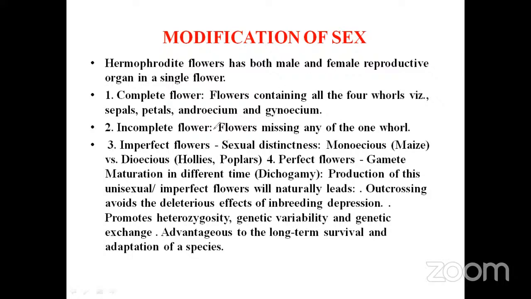Now, let's see sex determination through hormones and chemicals. That means we can change the sex characters in flowers with the help of hormones and chemicals. Let's see what the chemicals and hormones are here.